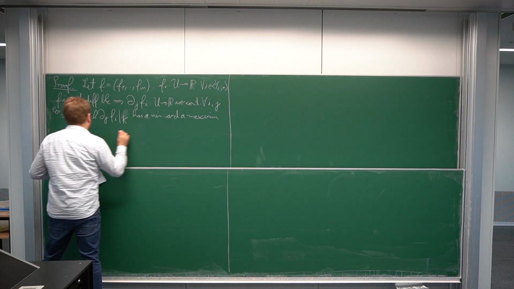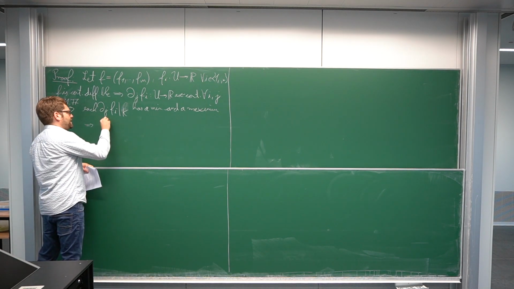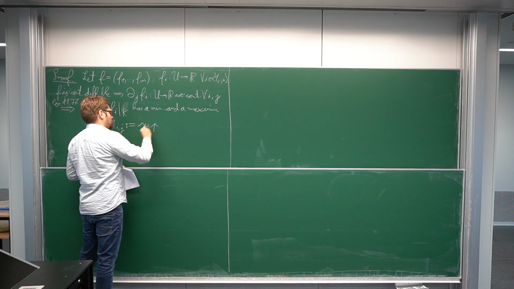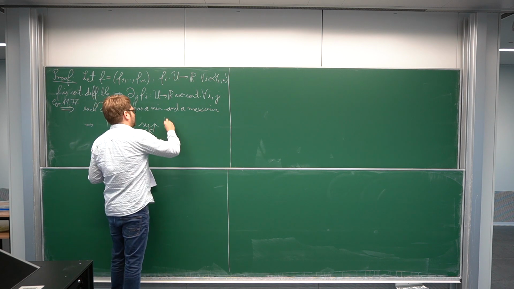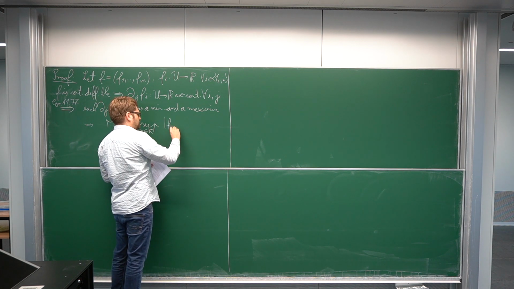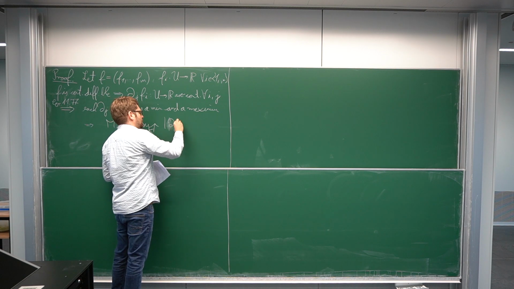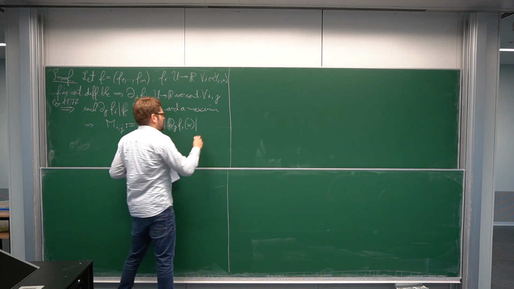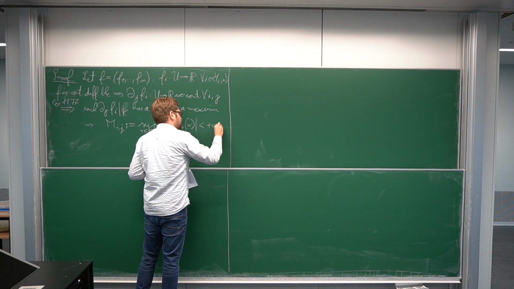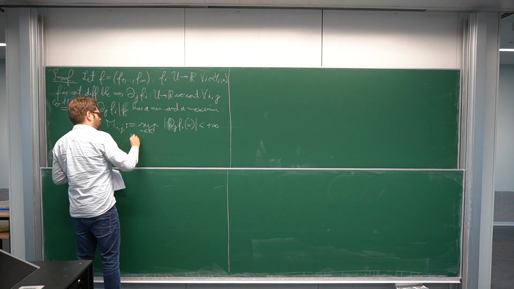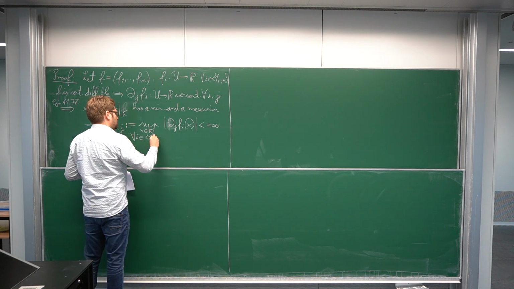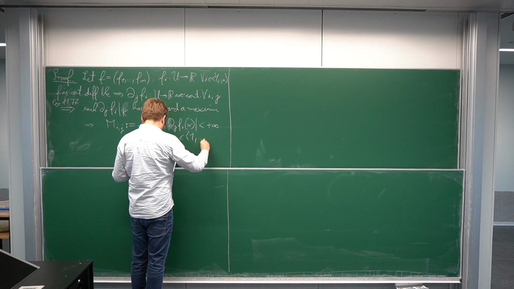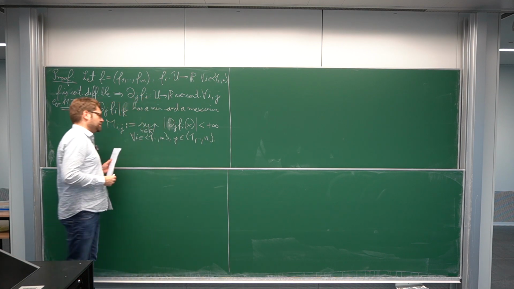And this means if we define M_{i,j} as the supremum over all x in K of the absolute value of ∂_j f_i(x), we know that maximum and minimum exist, so the absolute values are bounded. So this is really a finite number for all i from 1 to m and all j from 1 to n. This is where we needed the compactness.